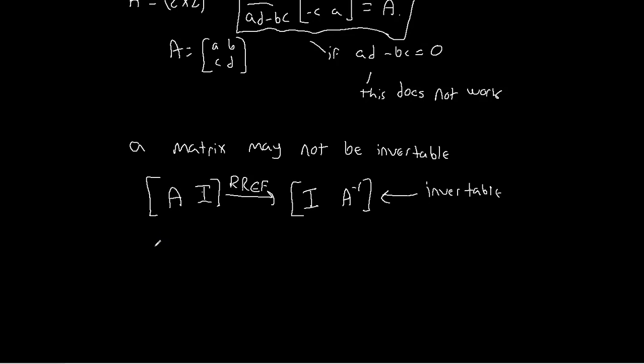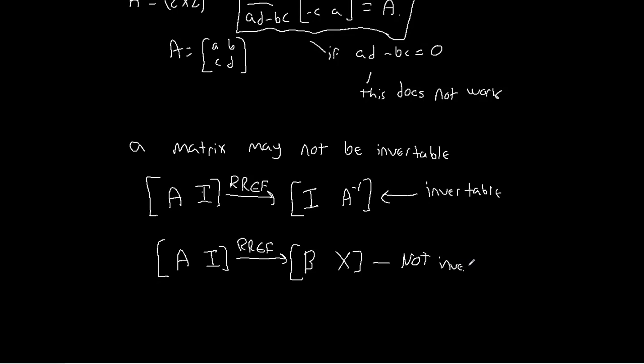There will be cases where you have A augmented with I, but you put it into reduced row echelon form and you end up with something that is not I. We'll call it B, augmented with, we'll call it X. This is not invertible.